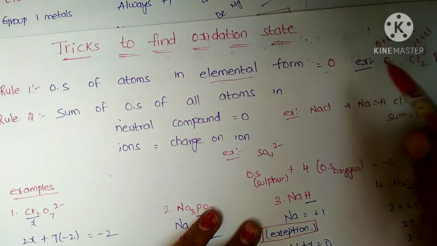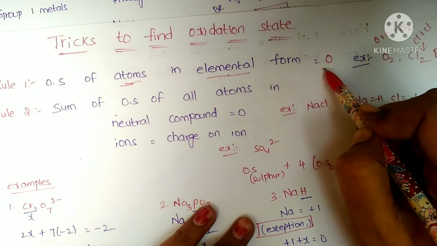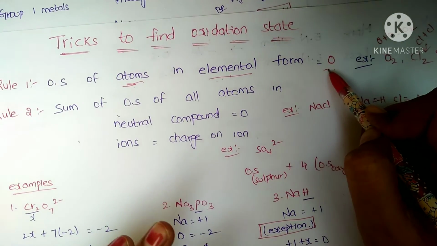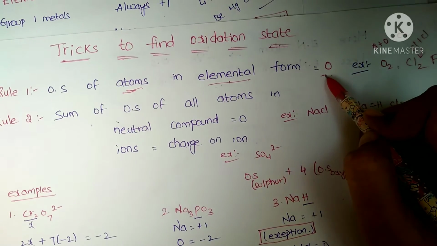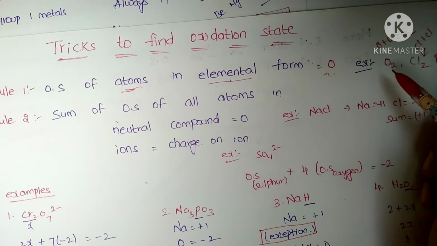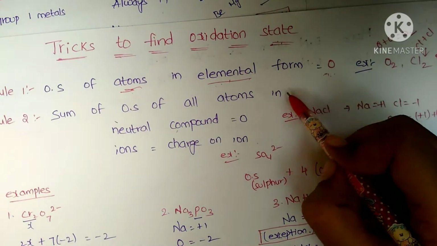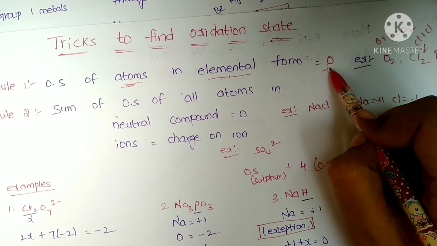If any atoms are present in elemental form, then its oxidation state equals 0. So the oxidation state of oxygen in O2, or of chlorine in Cl2, will obviously be 0.